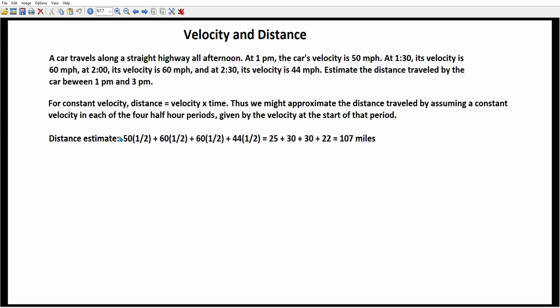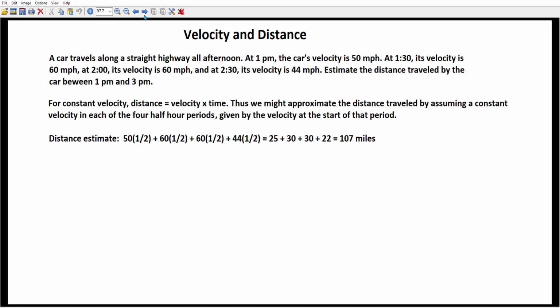So the estimate we're going to get is 50 miles per hour for the first half hour, 60 miles per hour for the second half hour, 60 for the next half hour, and finally 44 for the last half hour. And when we do that, we get 50 times a half is 25 miles, 60 times a half is 30, 60 times a half is 30, 44 times a half is 22, or 107 miles is our estimate.